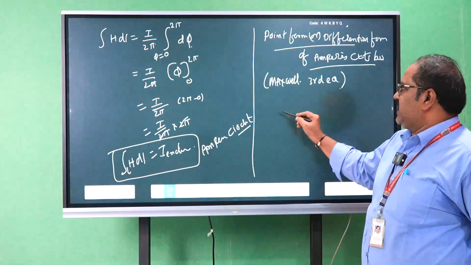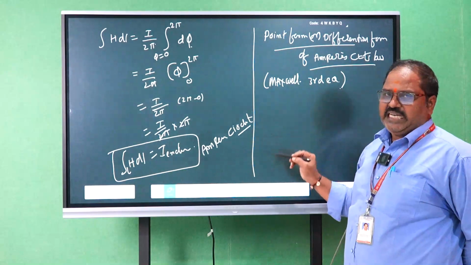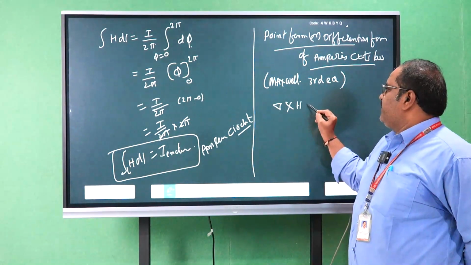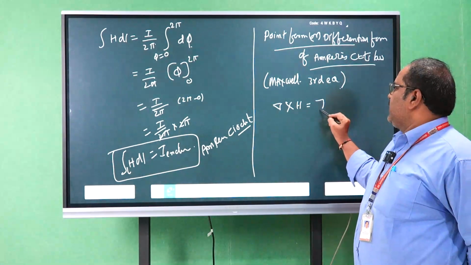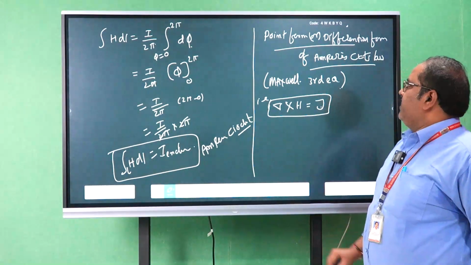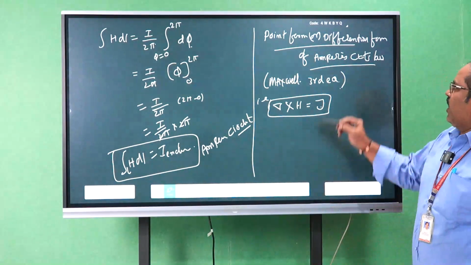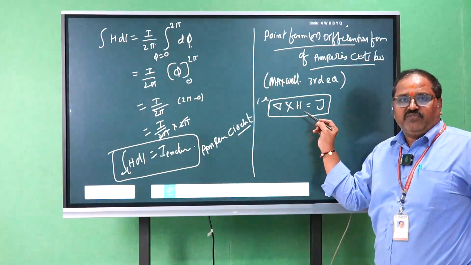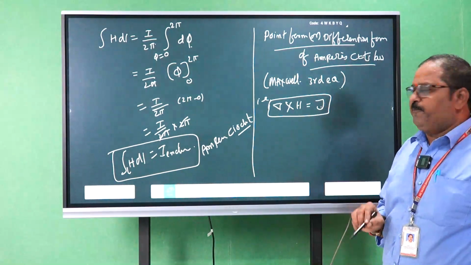What is Maxwell's third equation? Maxwell's third equation states that the curl of the magnetic field intensity is equal to the current density J. This is the point form or differential form of the Maxwell equation: the curl of H is equal to J.